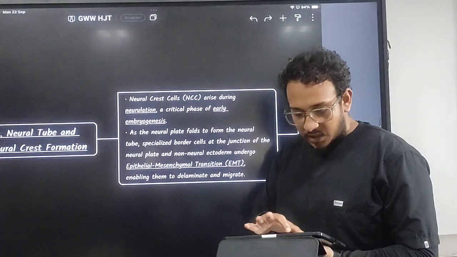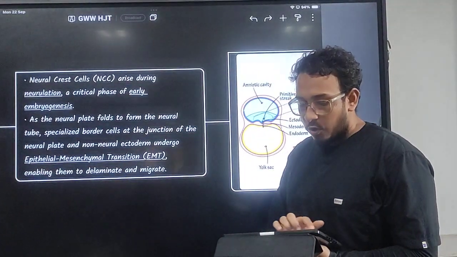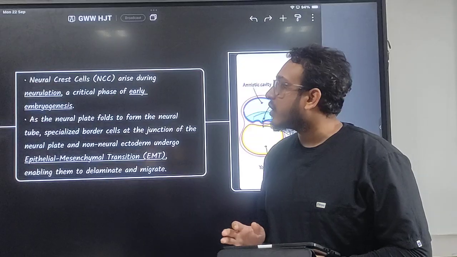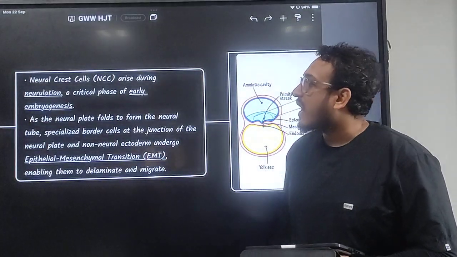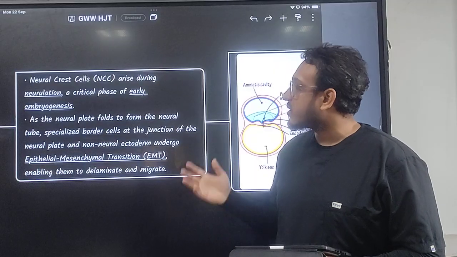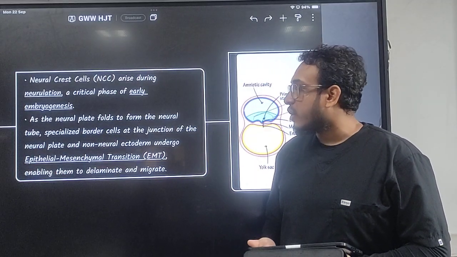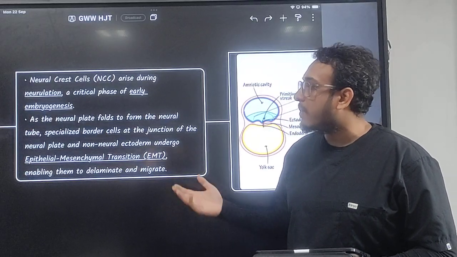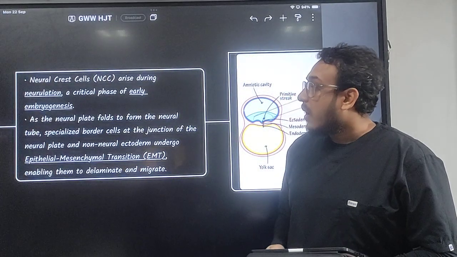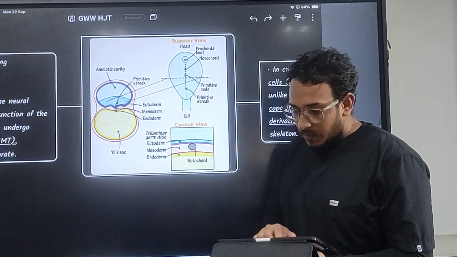So, neural tube and crest cell formation. The neural crest cells arise during the neurulation stage, which is in early embryogenesis, and as the neural plate folds, it forms the neural tube. Specialized border cells at the junction of the neural plate and non-neural ectoderm undergo epithelial mesenchymal transition, enabling them to delaminate and migrate.